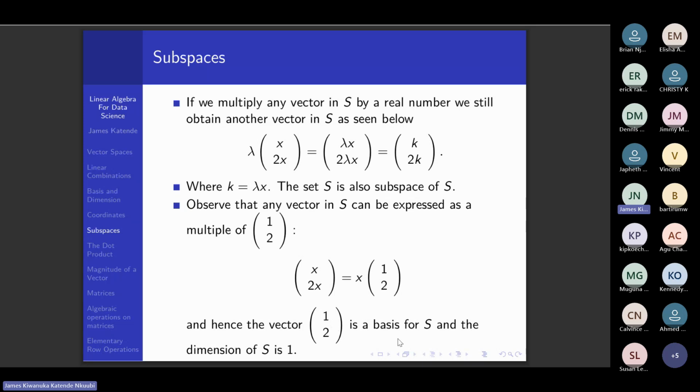Therefore we consider the set consisting of this vector a basis for our subspace because it spans the whole subspace. Those are two examples of subspaces. When you're working in R2, any line that passes through the origin will be a subspace, and any points that lie on that line will form a subspace.